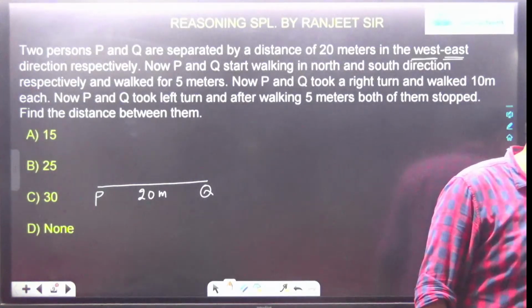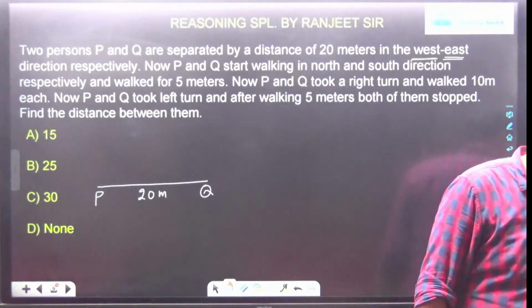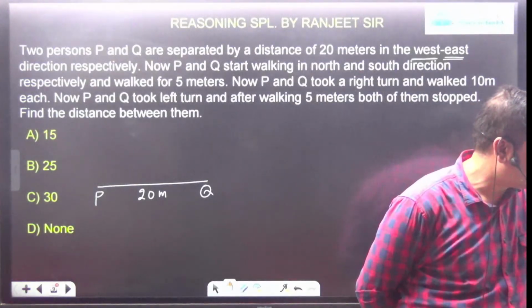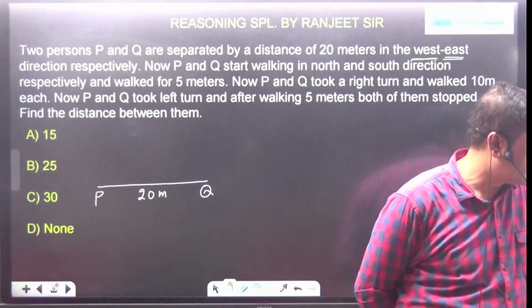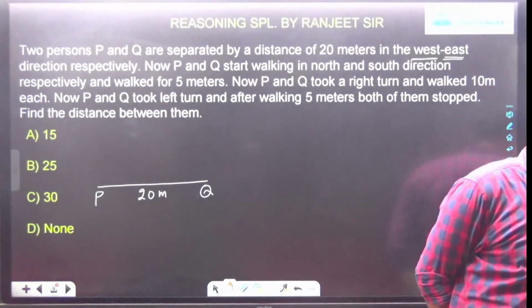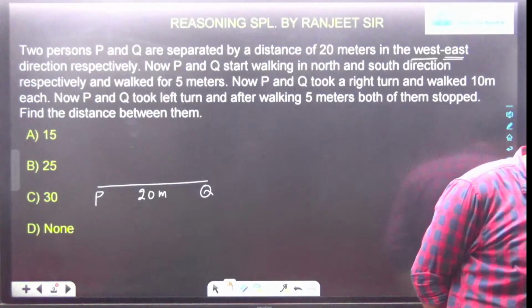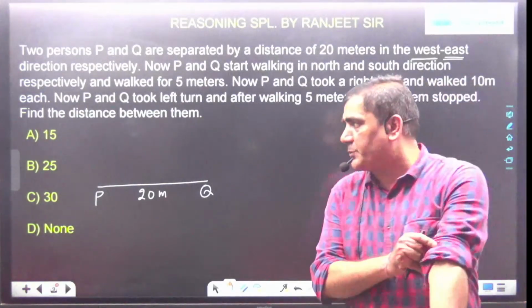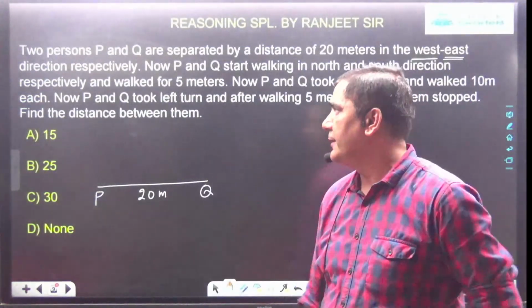I'm still waiting. Nishant is saying the answer is 25. Okay, B option.